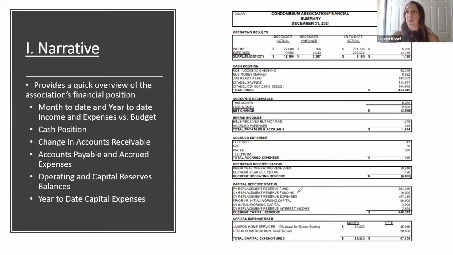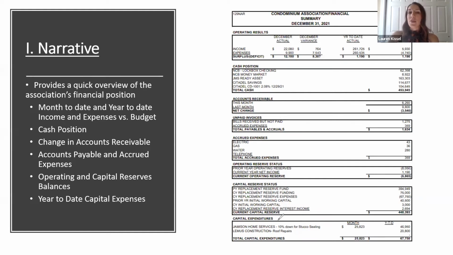So these are capital expenses that the association has incurred in 2021. And then it also includes working capital or capital contributions. And then also any interest income that you might be getting from your various accounts up here. So the interest from your CDs or your money markets or your savings accounts.